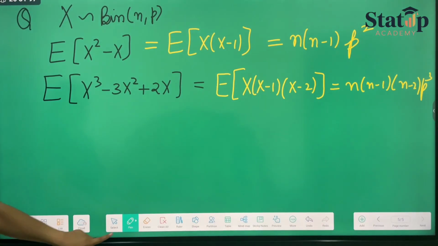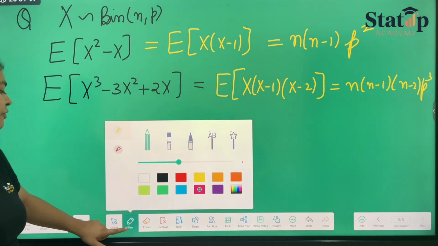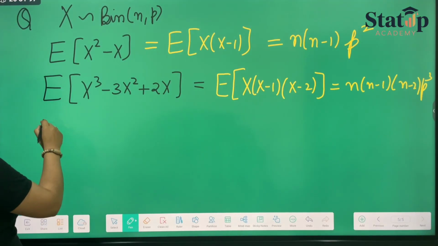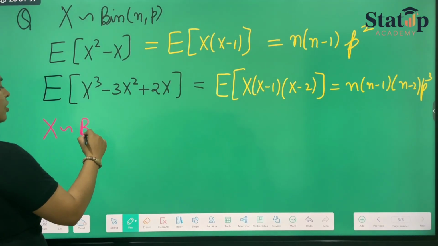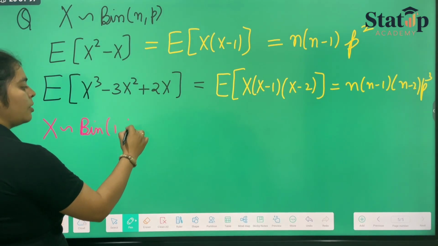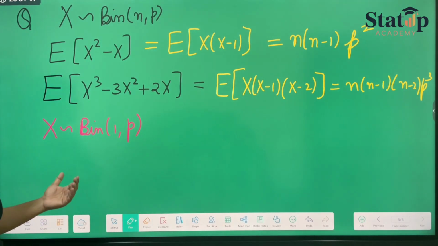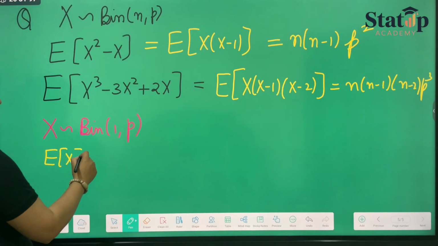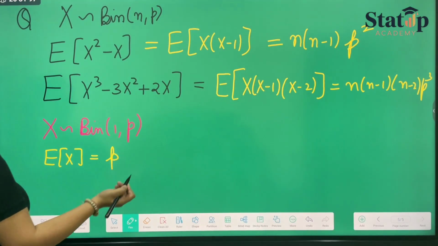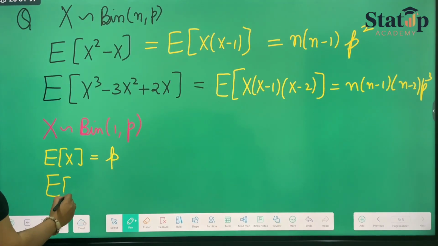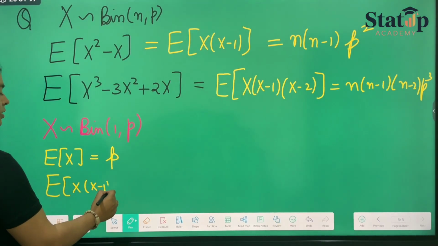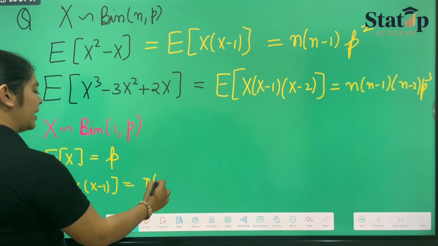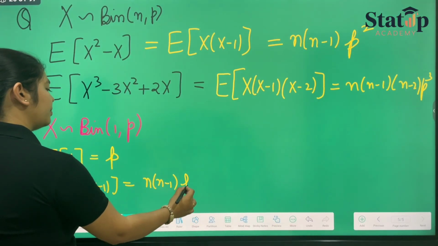Now suppose there is one more question which tells us that x follows binomial with parameters 1 and p. Now here n is equal to 1. So we can see that expectation of x is np, which will be p. Expectation of x into x minus 1 will be equal to what? n into n minus 1 into p square.